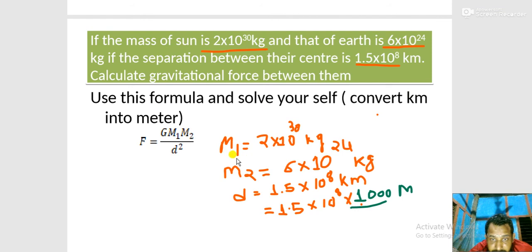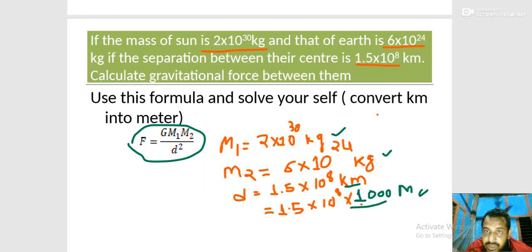Okay, see here, mass equals 2 into 10 to the power 30 kg. I have mentioned it. And m2 is 6 into 10 to the power 24 kg, and the distance is in kilometers, so you should convert it into meters, multiply by 1000 and plug in all those values, because force is given by this formula. You will get the value. I have done it completely over here.